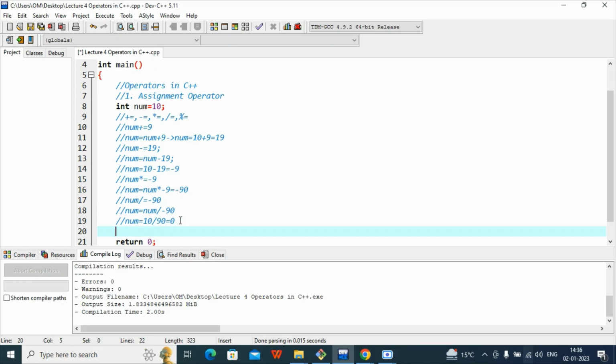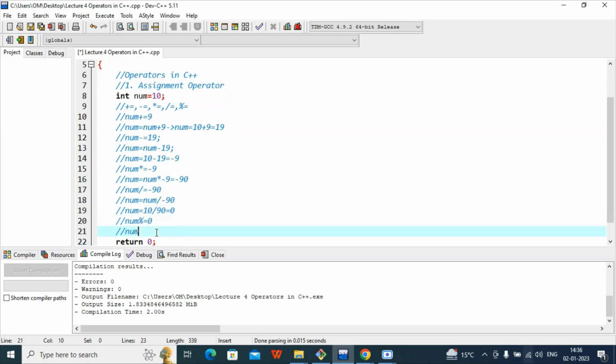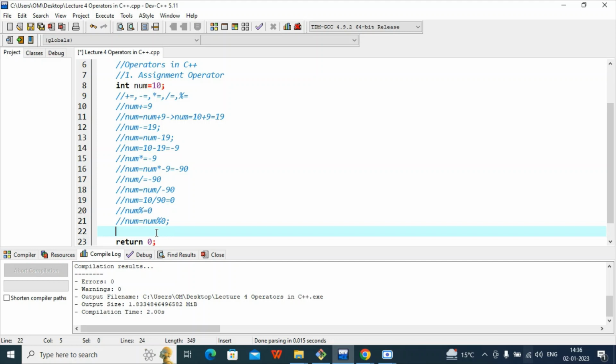Okay. So next you have num modulo equals to 0. Let us take num the same value, that is 10, and 0 the previous value. Now num is equal to, how will you expand it? Num modulo 0. What will you get?